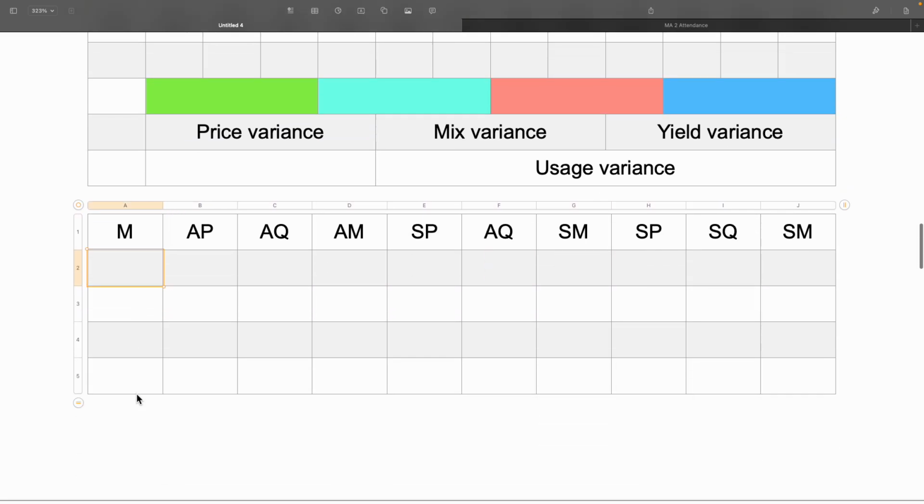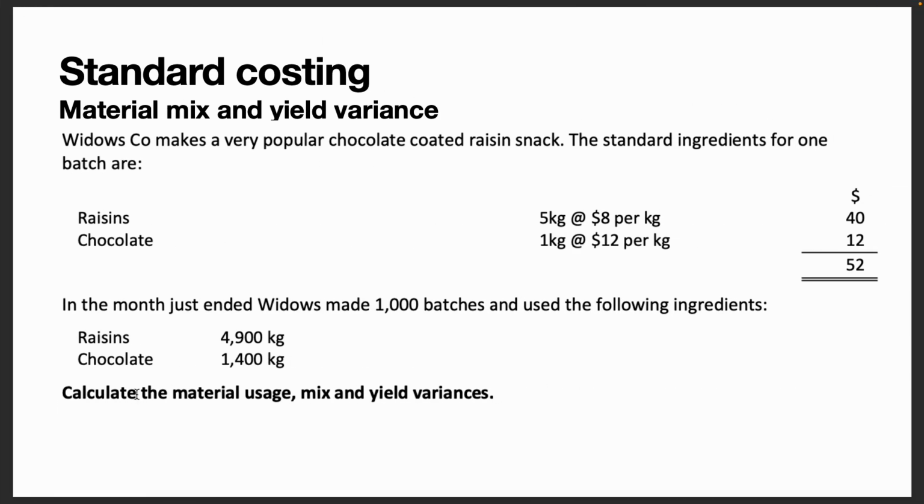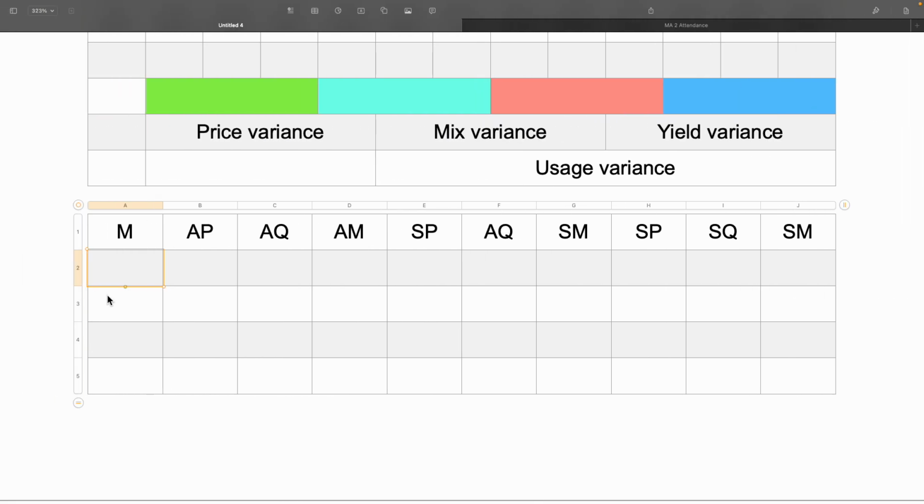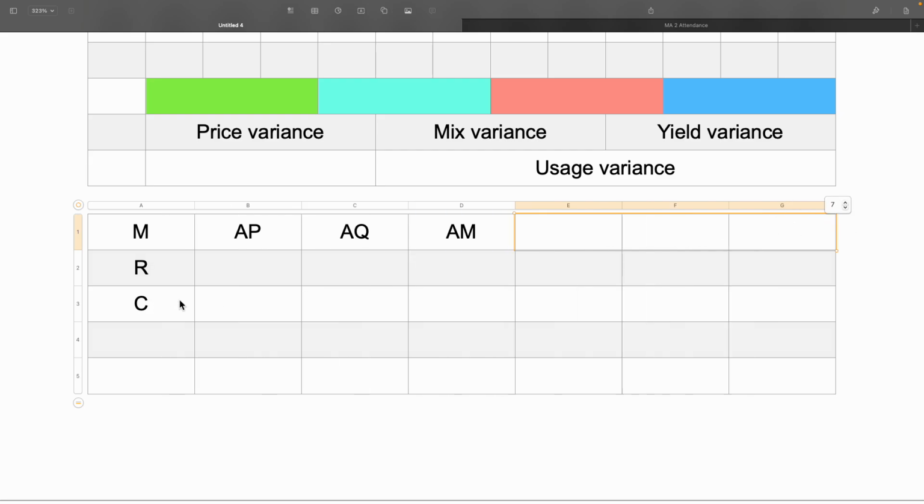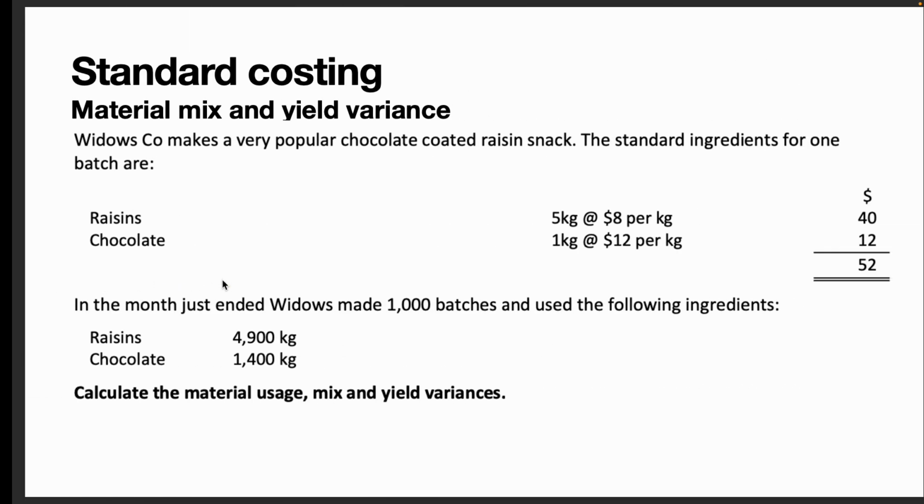Now, pay attention to the materials. Okay, so the first one you got is going to be raisin and chocolate, R and C. Okay. Actual price.